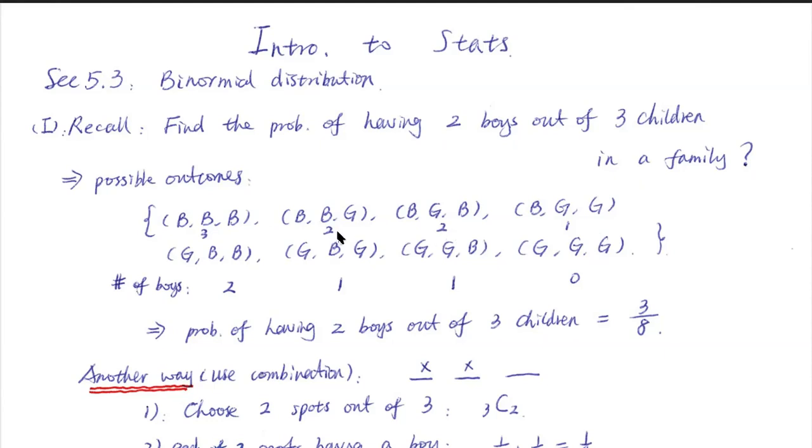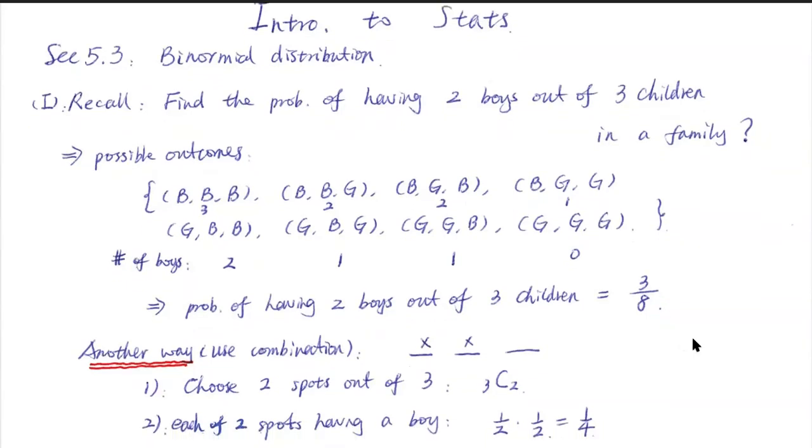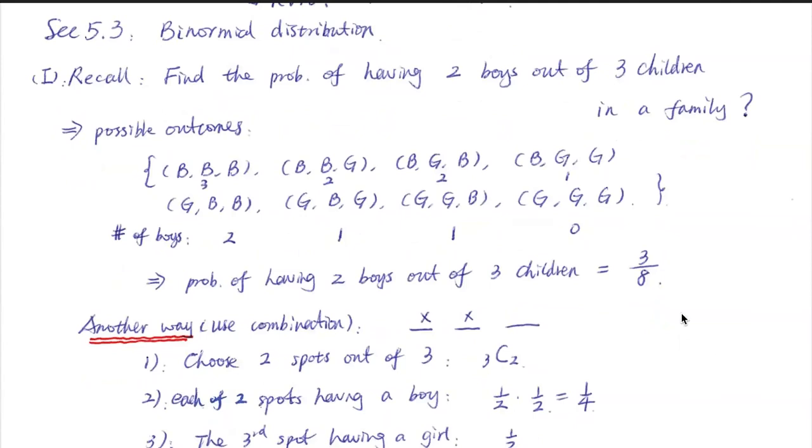You will see 3 cases here. So that will be 3 out of a total of 8. That is the probability of getting 2 boys, 1 girl. That's the one we have learned before, right? If you know every single outcome, that's very straightforward.